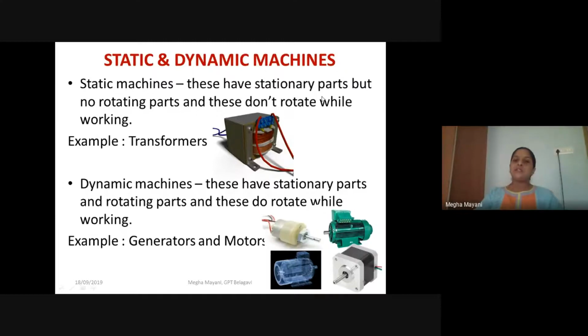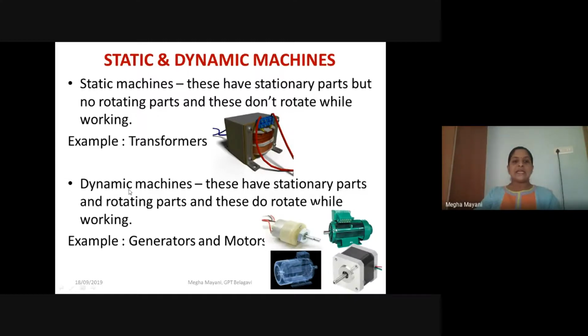These have only stationary parts, not any rotating parts, and do not rotate while working. Such types of electrical machines are termed static machines. And the best example of a static machine is a transformer. A basic small transformer has been shown here.